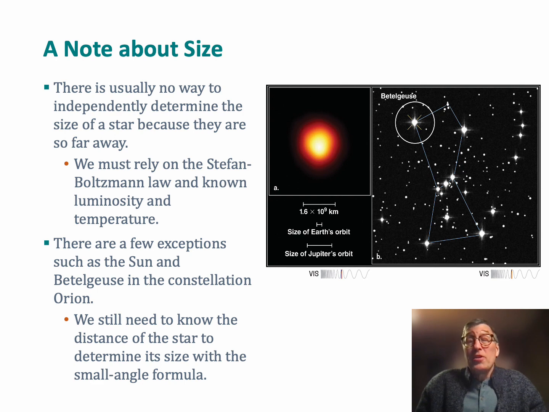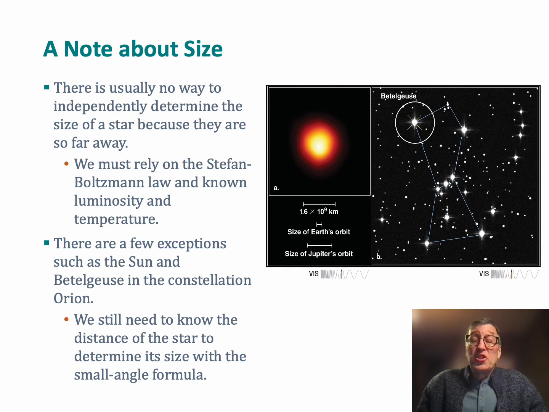We can see how wide the sun is. That's close enough. It covers half a degree in our sky. We can see how big Betelgeuse is here in the constellation Orion. Here's Orion's belt, 3 stars, and his shoulder is Betelgeuse. It's a reddish star.